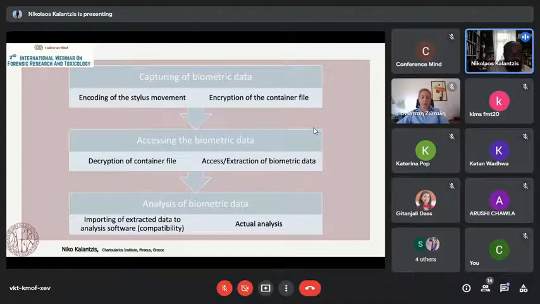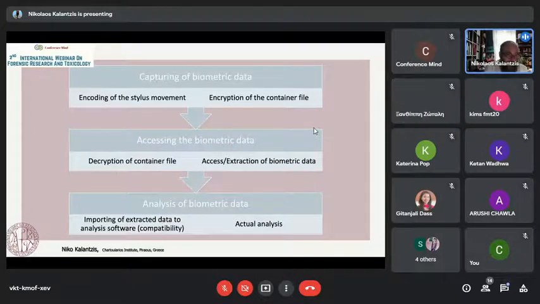In the digital world, when a person, a writer, or a customer in a bank executes a signature with the appropriate software and hardware solution, their stylus movement during the execution of the signature is being encoded, and it is being encrypted in a digital container file. The next step is to access the biometric data, which means decryption of the container file and extraction of that biometric data from the encrypted container file.